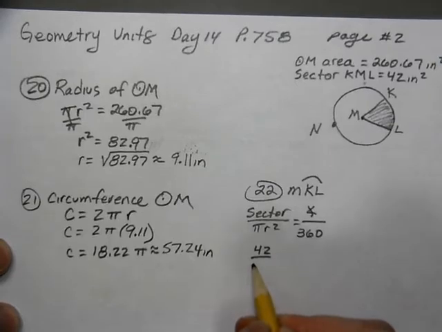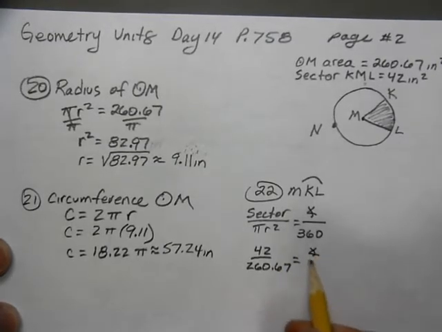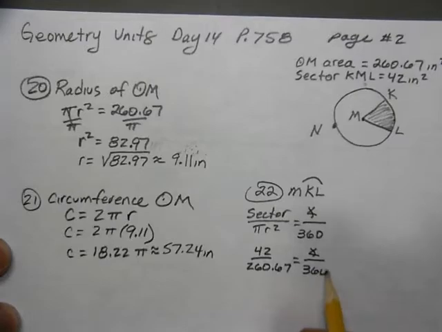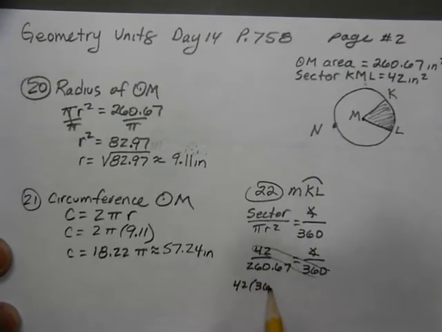So 42 over the area of the circle, which is 260.67, equals our angle over 360. Cross multiply to get 42 times 360.